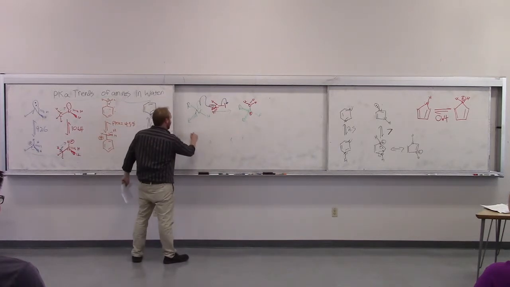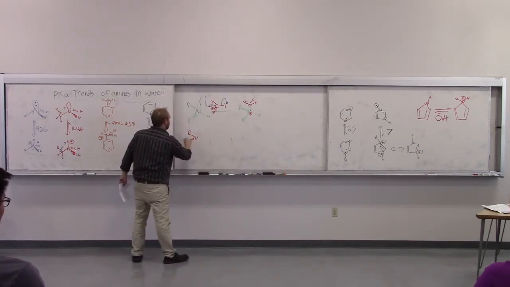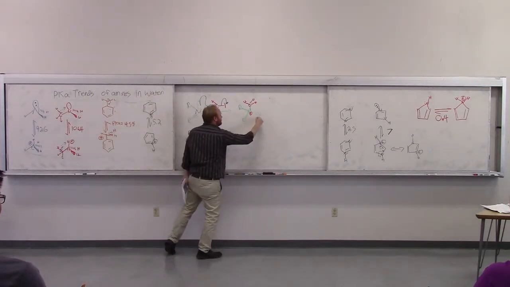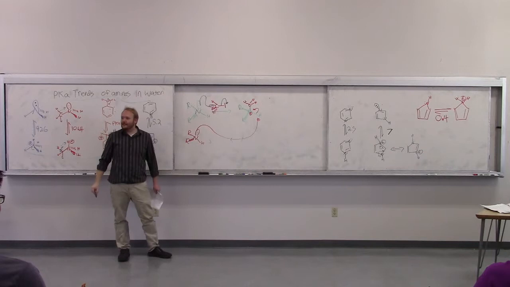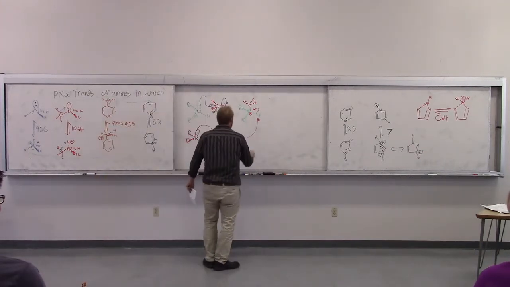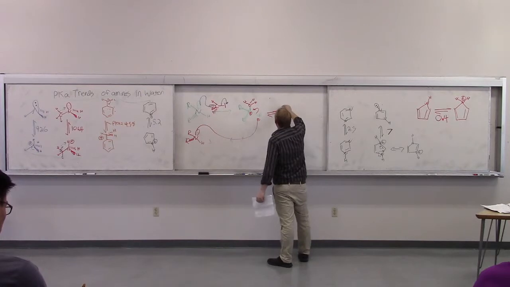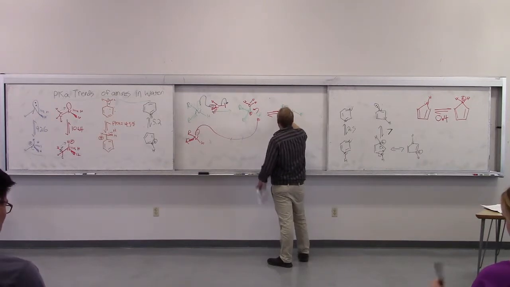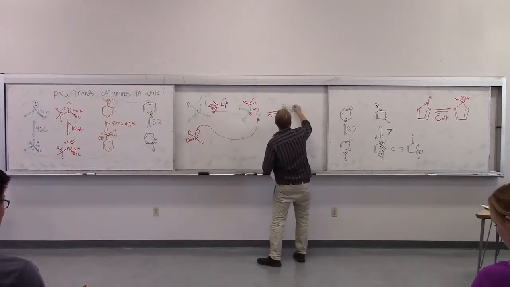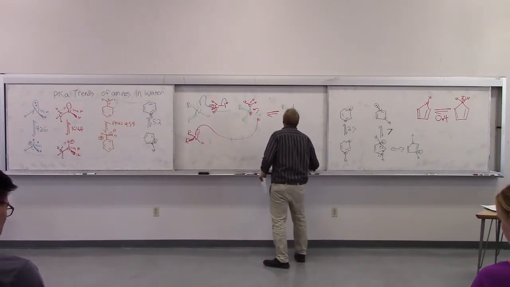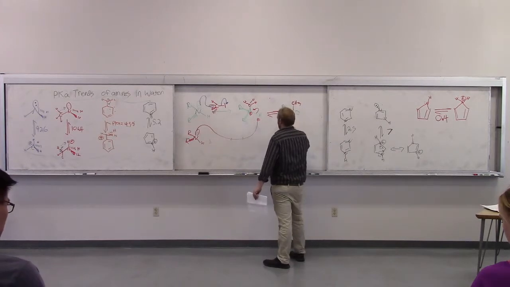Is it reasonable to have another equivalent of your starting material come in, and in some kind of equilibrium, grab this proton, to give your product in its neutral form, plus an equivalent of the starting material now in its ammonium form?